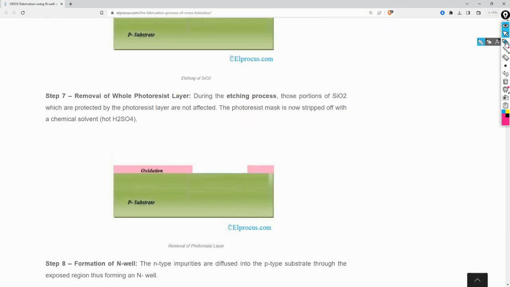Now I wanted to suggest a book that you should go through. Okay, so CMOS VLSI Design by Weste and Harris. This is the book that I have gone through to understand the basics of CMOS and the basic circuits.